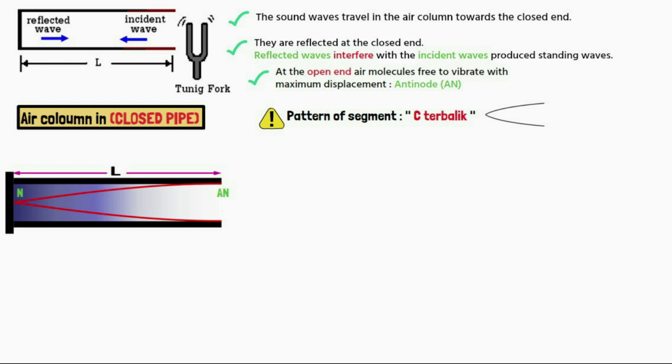Dan for the open pipe, kita ada pattern of segment is X. Dan sekarang for closed pipe, the pattern of segment adalah C terbalik. Okay, mesti kena ingat sebab untuk memudahkan awak sketch the diagram of the standing wave produced in closed pipe, open pipe or stretch string.